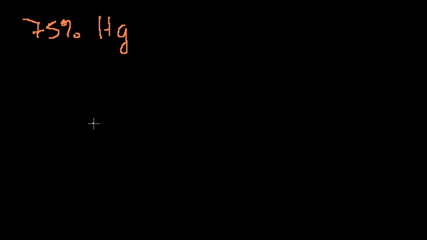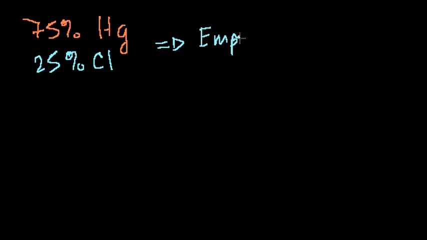And say the other 25% of the bag is chlorine. So the question I'm asked is, what is the empirical formula of the stuff that I have here, assuming that it's all one type of molecule?